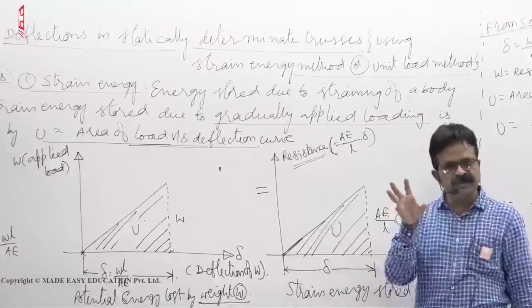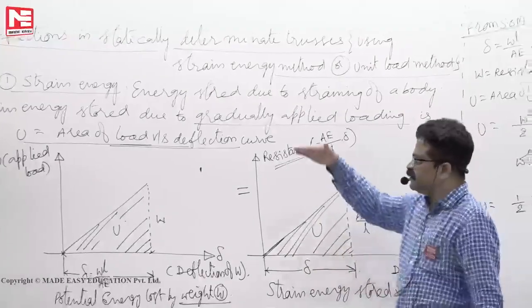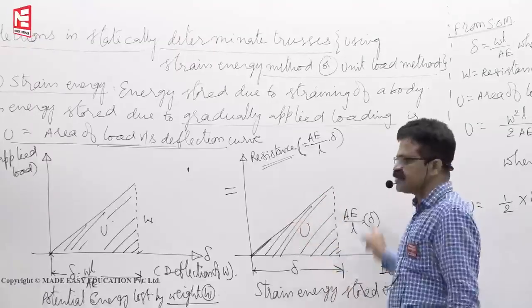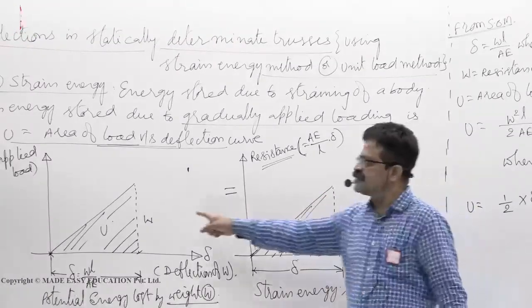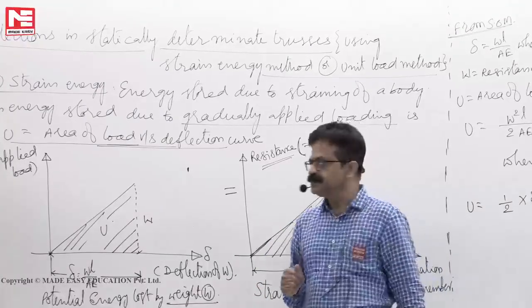Whether you apply the load gradually, suddenly or with impact, the deformation starts from 0 only, always. So this curve will not change, but the load curve will change depending on how you apply the load.